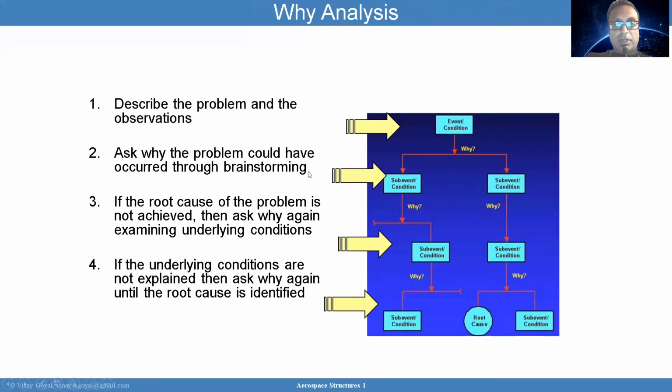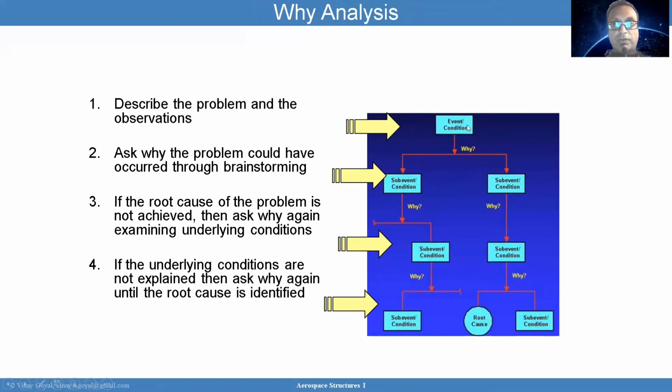And that can give you a lot of insights as to what is going on and what could be the contributors. If the root cause of the problem is not achieved, then asking why again, examining underlying conditions, can be very helpful. If the underlying conditions are not explained, then asking why again can also help. So here on the right-hand side, I have a diagram.